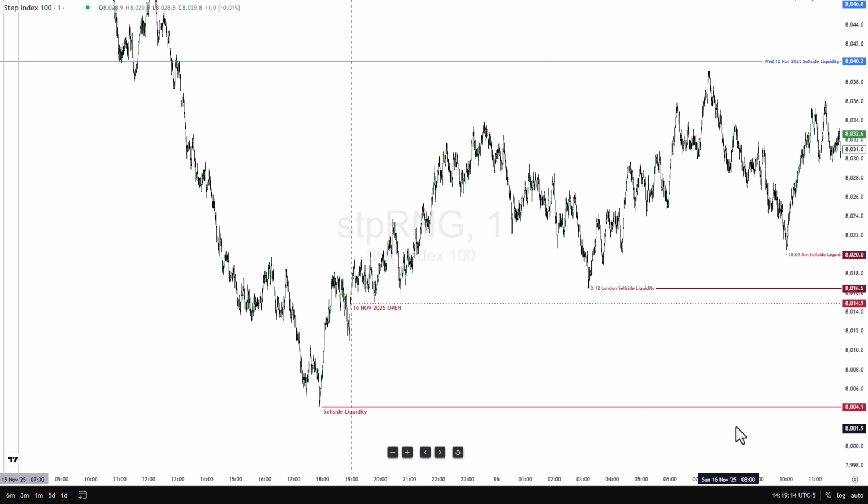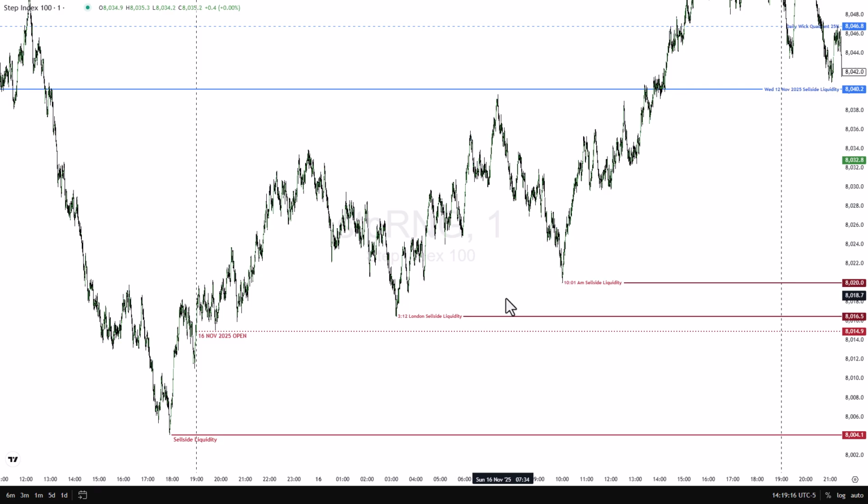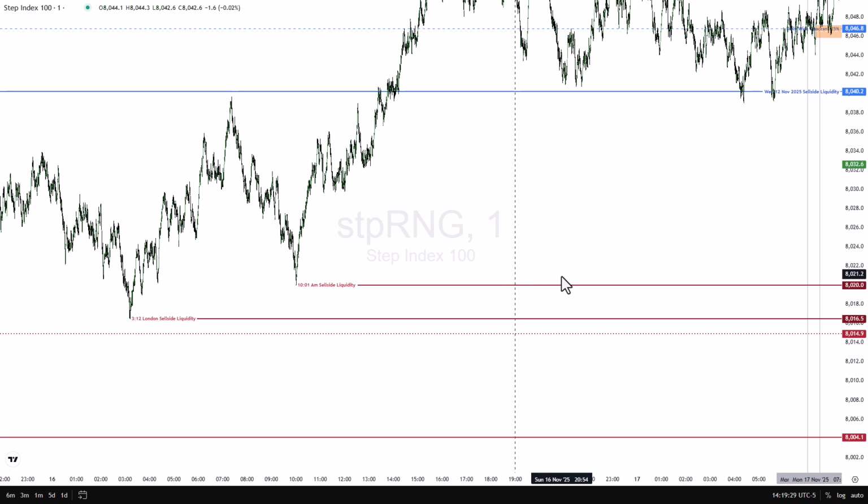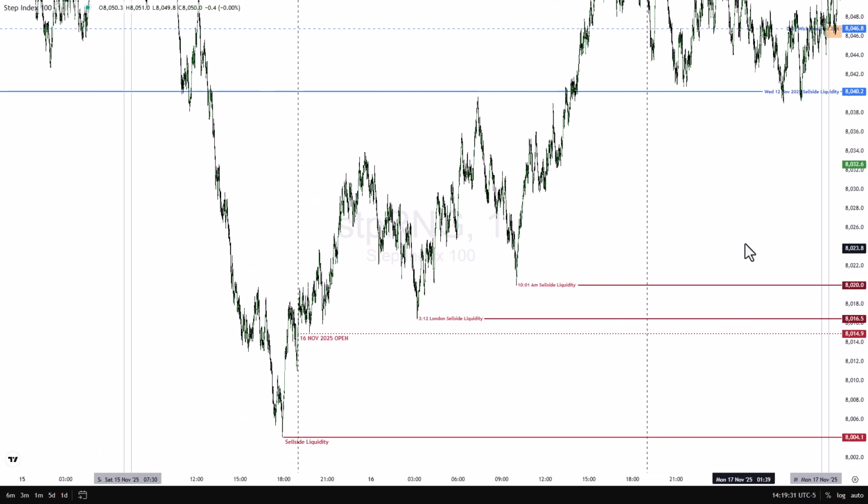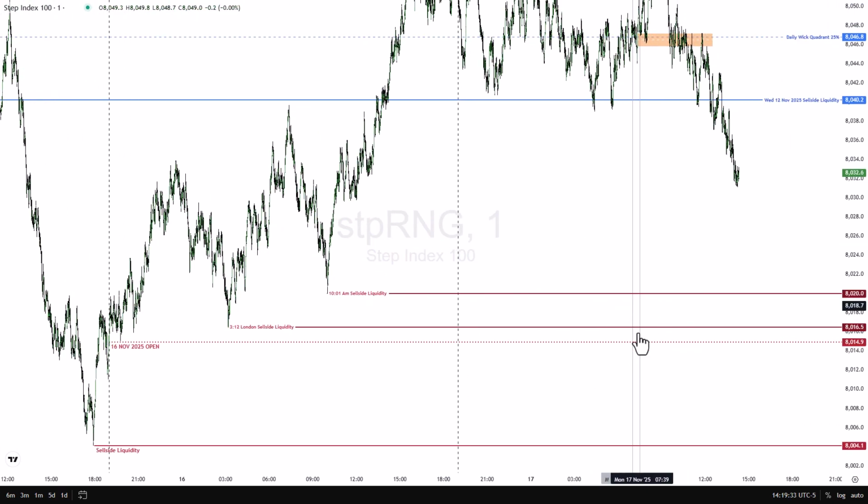All of these liquidity pools are time based. They are near the opening of the 16th of November. This is time based liquidity, good people. It is literally telling you where the liquidity resides. This is where price is going to go.